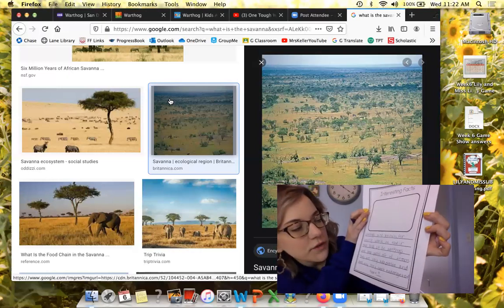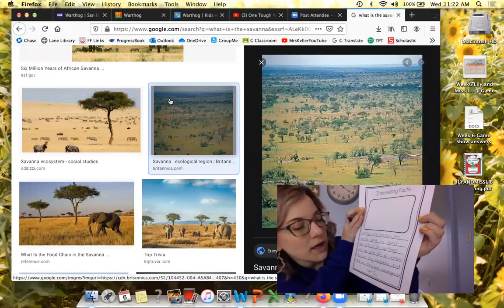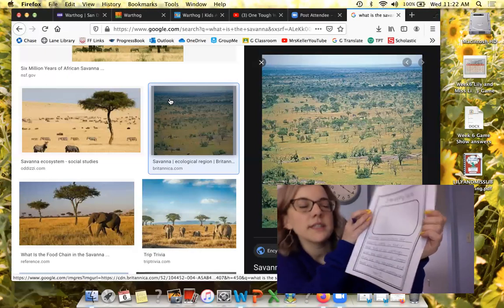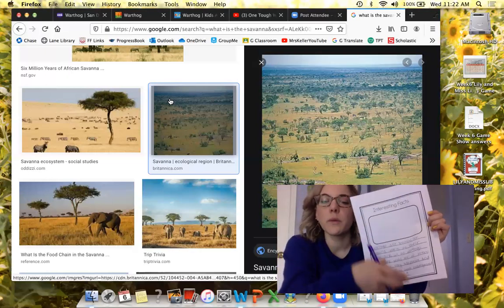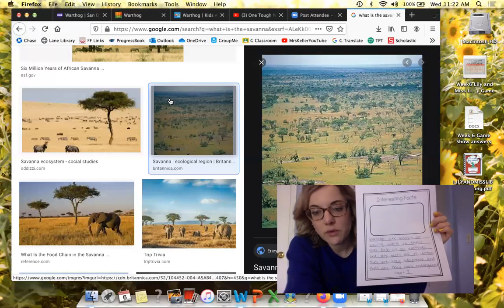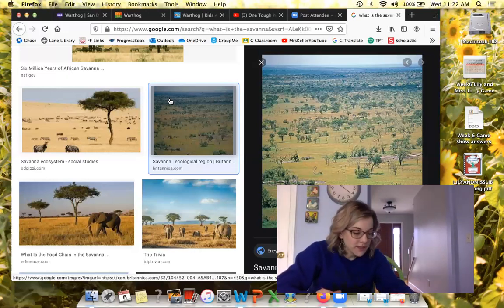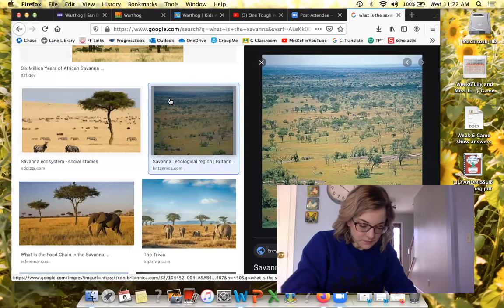Okay. Warthogs are known for having warts on their faces. Birds sit on warthogs and keep pests off of them. They are very adaptable, and that's why they aren't endangered. Again, there's not really a right or wrong way to make this page flow. Just give me 3 facts written in complete sentences. And then I could choose to draw all 3 of those things. I could choose to illustrate 1. It might be easiest to draw the warts on their faces, and then maybe a bird sitting on them.